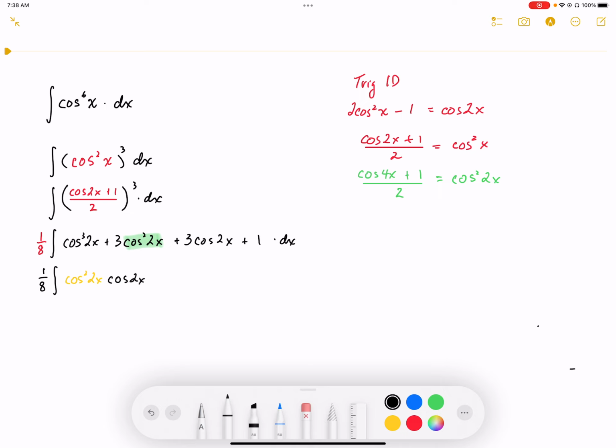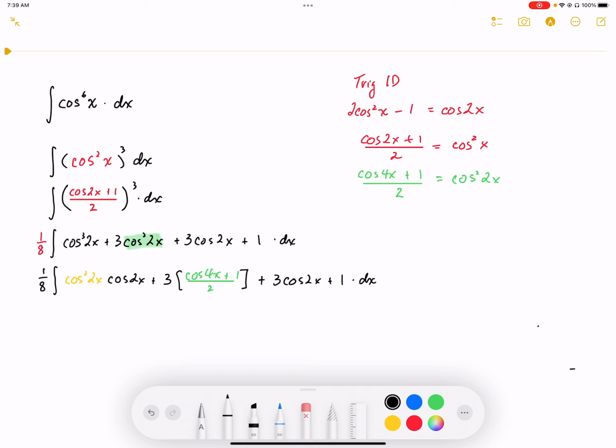Okay, so that's going to be the same as cos cubed plus 3 times, and instead of cos squared 2x, we're going to use cosine of 4x plus 1 all over 2. And now I have an expression that I can integrate because there's no longer a power on the cosine. We end up with 3 cosine 2x. This is already something I can integrate, plus 1, which I can integrate. And so we have that here.